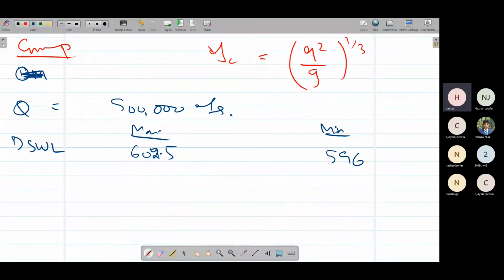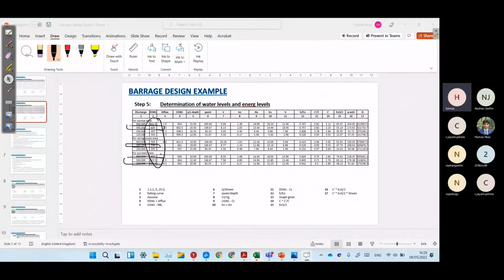So we have determined this downstream water level. Again, the upstream water level, simply pick the values from this table. Upstream water level for maximum is 604, for minimum is 601.